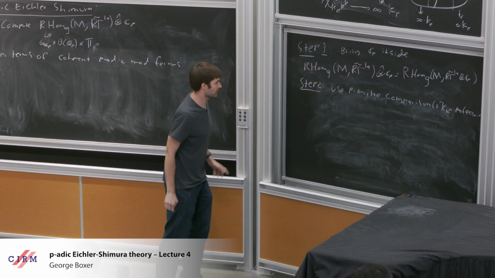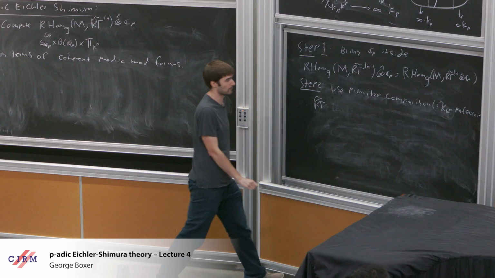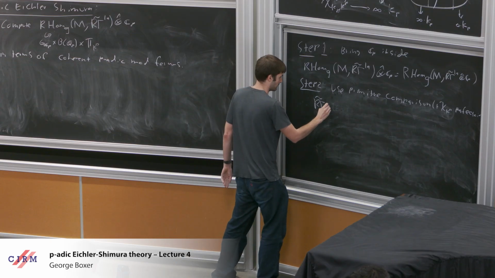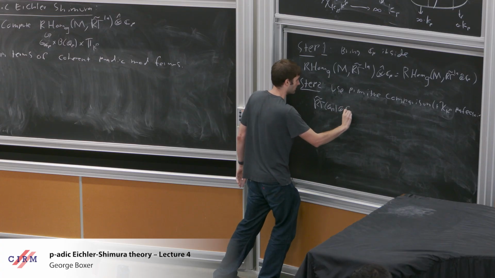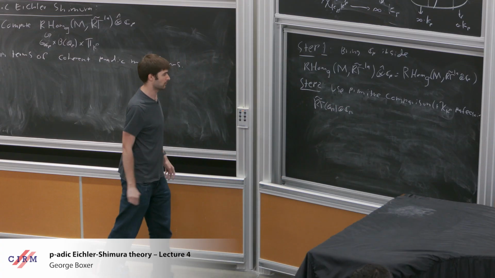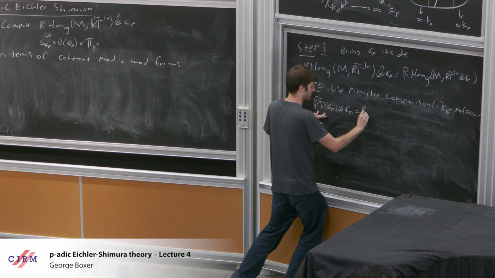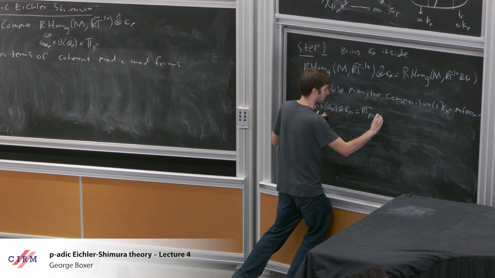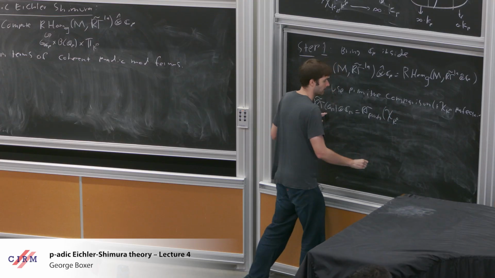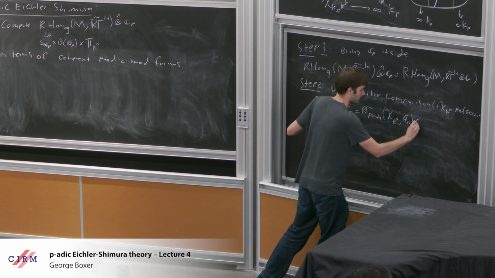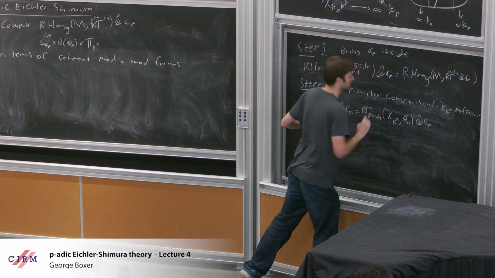So what that tells us, so we know that the completed cohomology with Qp coefficients, tensored with Cp, well, we know that the completed cohomology with Qp coefficients is the same as the pro-étale cohomology of the perfectoid modular curve with Qp coefficients. And then we tensor with Cp.